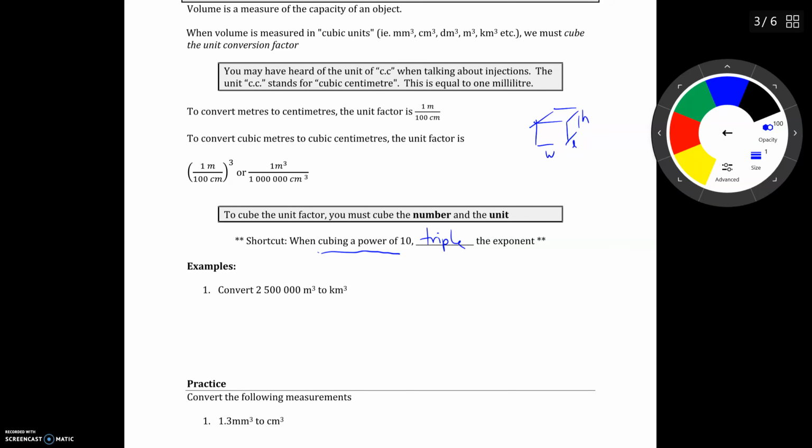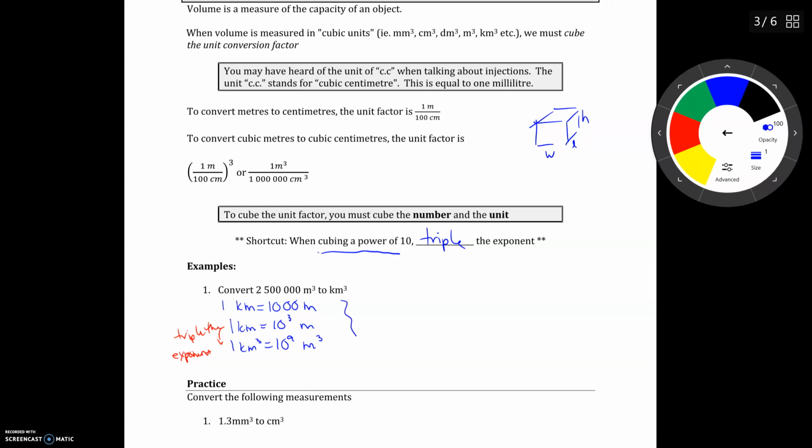So if I want to convert 2,500,000 cubic meters to cubic kilometers, I start with my basic conversion factor. 1 kilometer is 1,000 meters. I can express that using powers of 10. 1 kilometer is 10 to the 3 meters. And so then I know 1 cubic kilometer is 10 to the power 9 cubic meters, right? Because it's cubic, I triple the exponent.